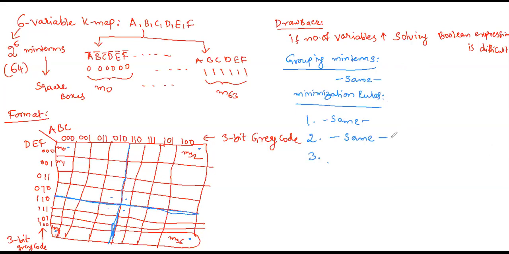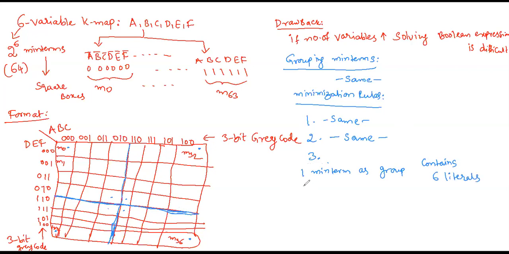Third point is about the group size. If you form one minterm as a group, it contains 6 literals.